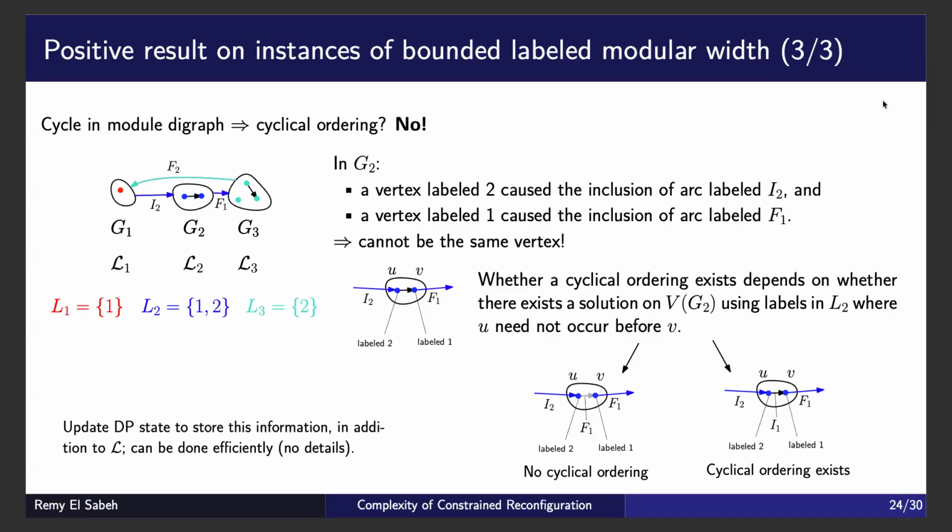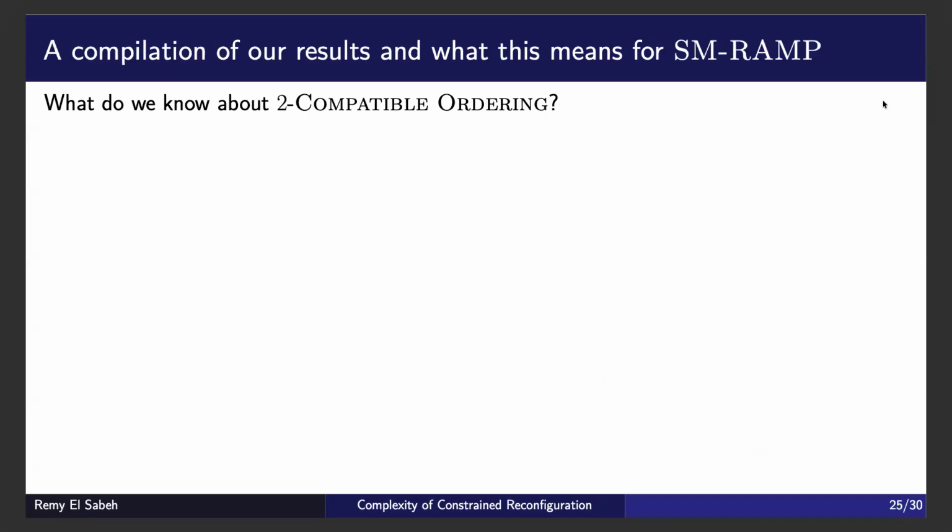And the good news is this is still efficiently computable, and we're happy. I'm not going to go into the details because that's already complicated enough. Okay, so this concludes positive results.